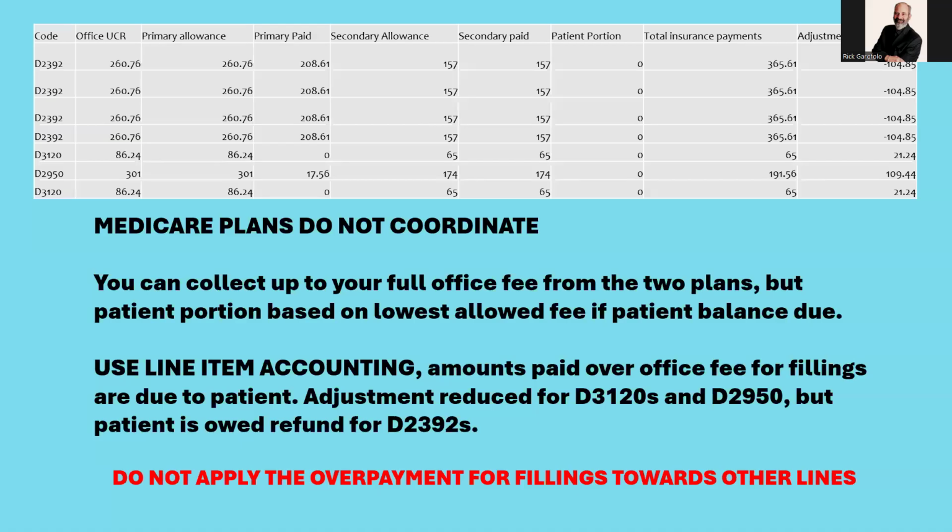Now, in some scenarios, that credit would have to go back to the secondary. You would have to call the secondary, you would have to have them reprocess, taking coordination of benefits into account, and they will do a refund request for that $104.85 per filling.